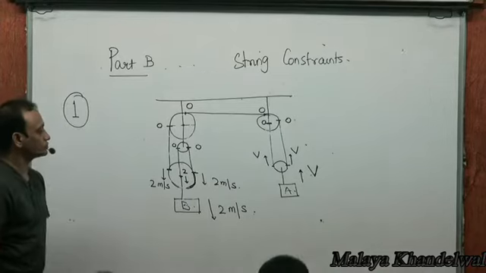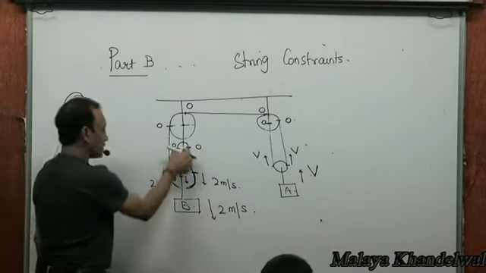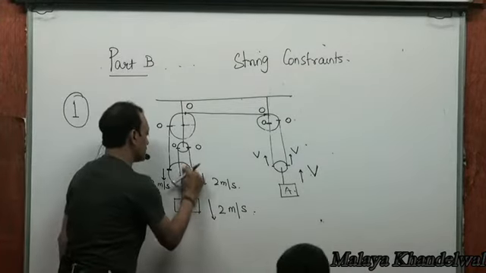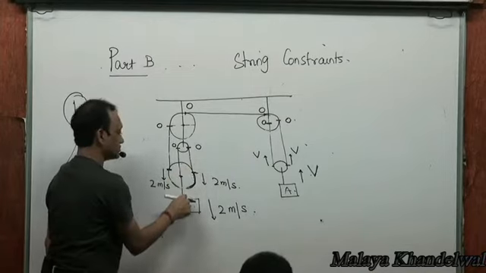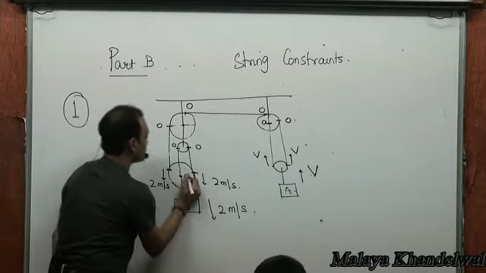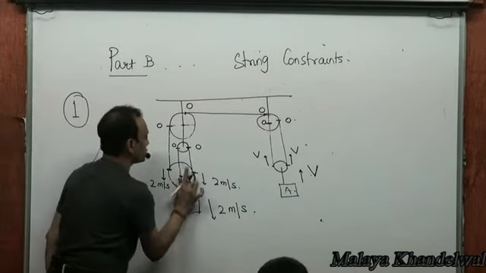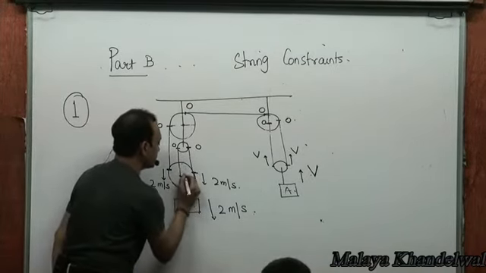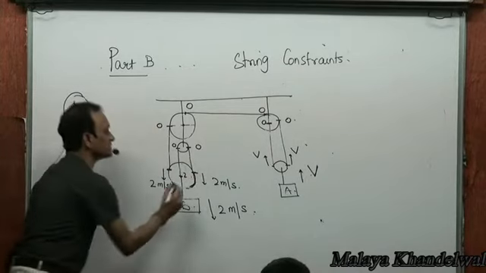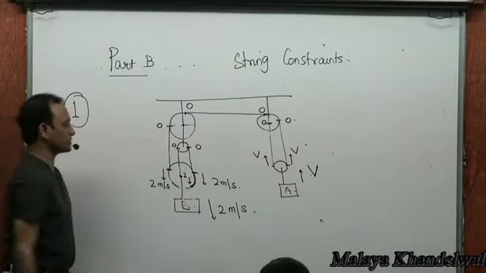Yes or no? In fact, if this is a single string, I don't have to bother about this. I don't have to bother about this. Or even if I did, it does not matter. This is 2 meters per second downwards. I could take from here to here and from here to there. 2 meters per second downwards for this pulley, right?